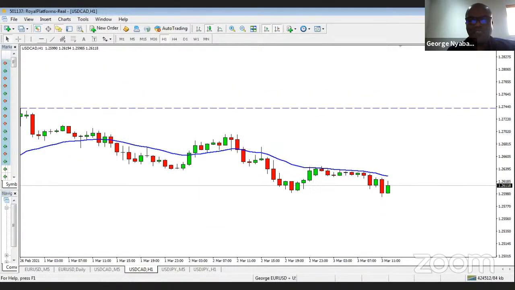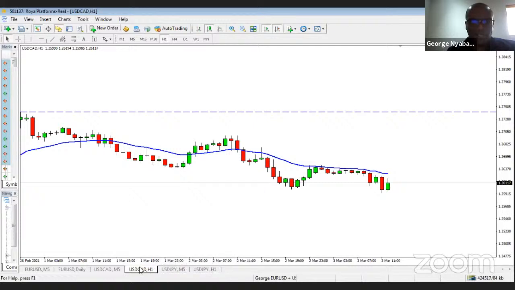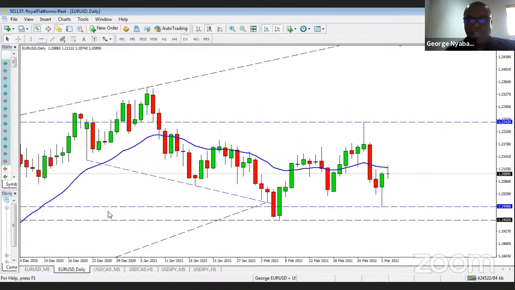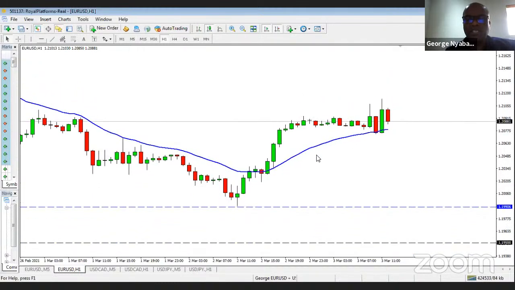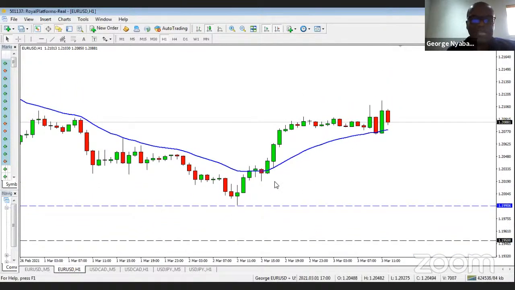The hourly time frame is the same chart that would have read my monthly and daily. I find it pretty useful, and the reason is just to keep a glance at it.